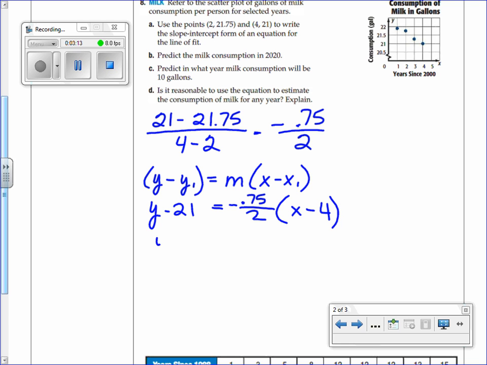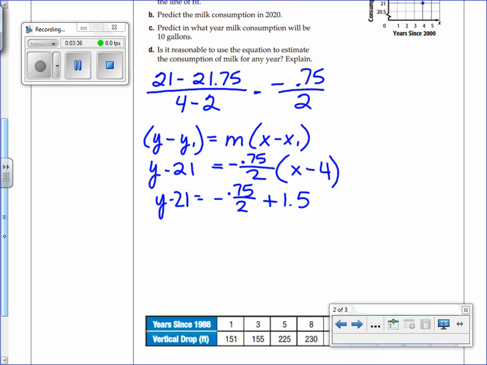Now I'm going to leave that y minus 21. I want to distribute negative 0.75 over 2, so I have negative 0.75 over 2 x plus 1.5. So now I'm going to add 21 to both sides.